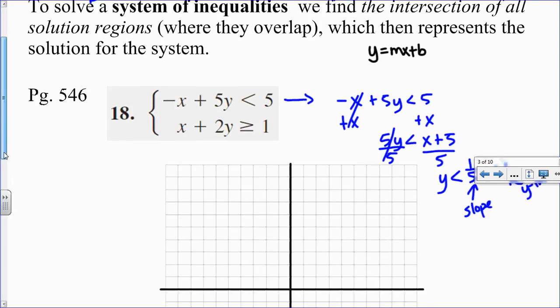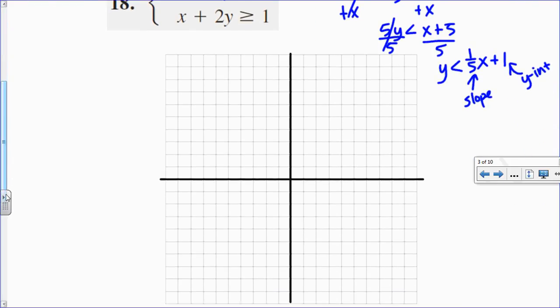Okay, so I'll go ahead and graph this. My slope is 1 over 5. It's rise over run. So I'm going to go up 1 and right 5, or I could go down 1 and left 5.